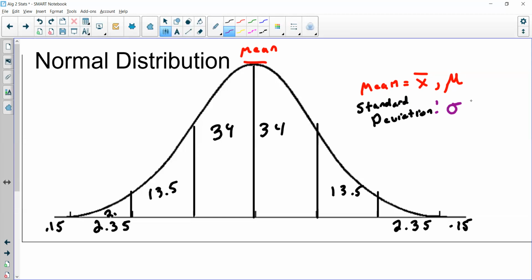What's up? 2.35, yeah. It's a bobblehead.